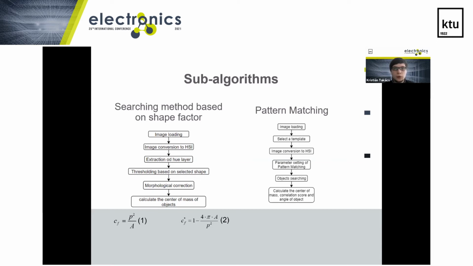The right side of the screen shows a block diagram of the pattern matching subalgorithm. This search method also requires that the image must be converted from RGB space to HSI before the process of searching for an object begins. And unlike the shape factor method, this method requires a template that contains the shape of the object.